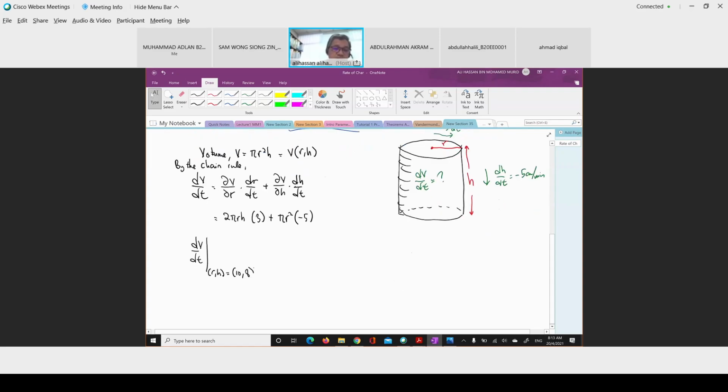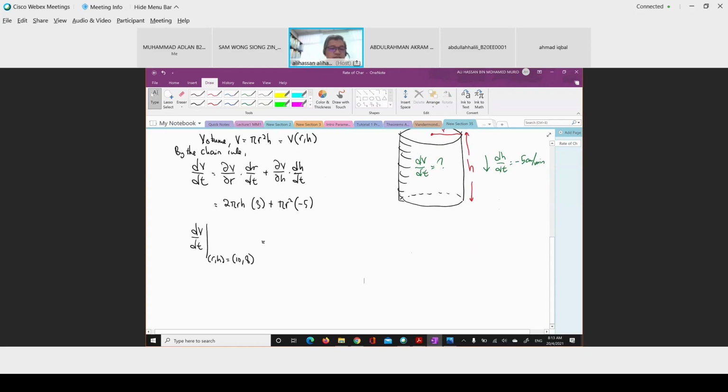So we substitute in the above result, replace r by 10 and h by 8, so you get 2 pi times 10 times 8 times 3 plus pi r squared, r squared is 10 squared, times minus 5. Okay, then we simplify this.